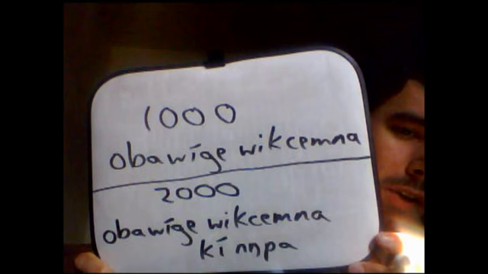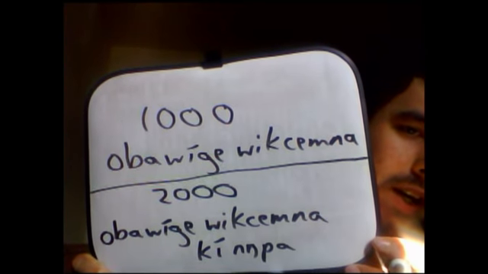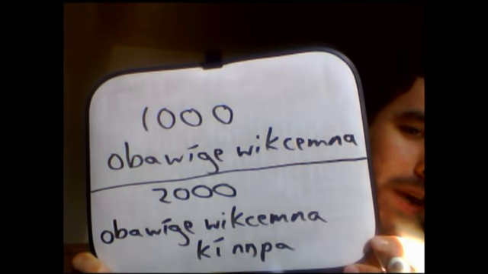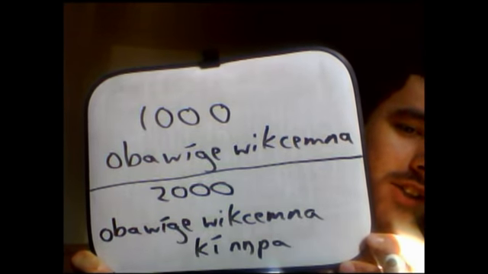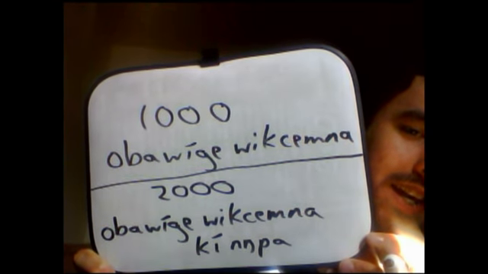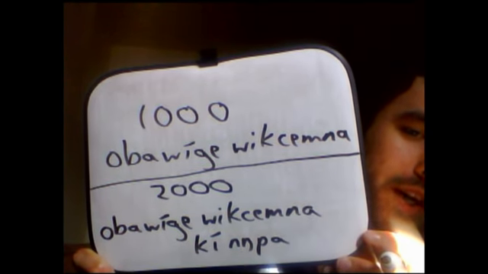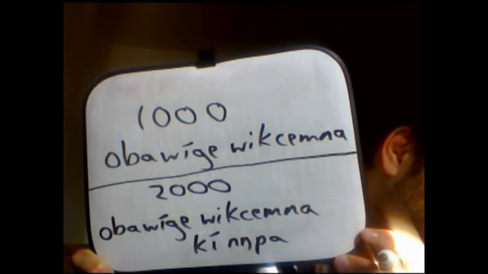And then this is as far as I'm going for a specific reason, but you have 1,000, which is Opawiche Wikchemna, and 2,000 is again another weird deviation, Opawiche Wikchemna Ke Nompa.